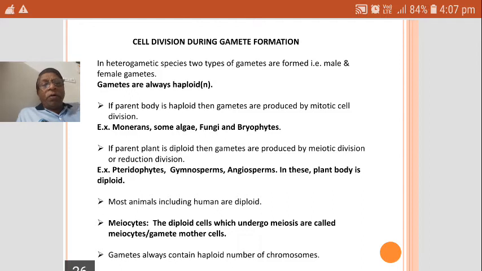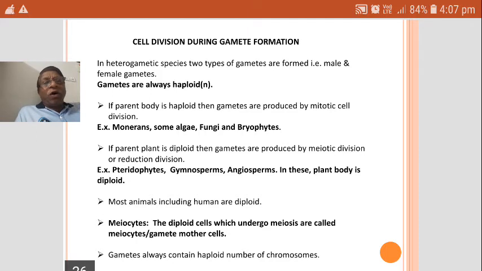The plant body itself is haploid. There is a diagram of Marchantia, showing male and female plant. So the plant body of bryophyte or Marchantia is haploid.